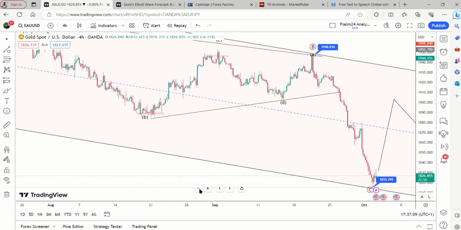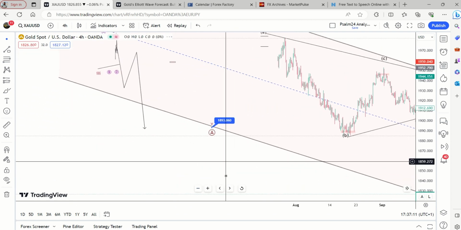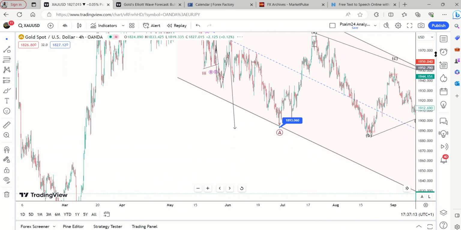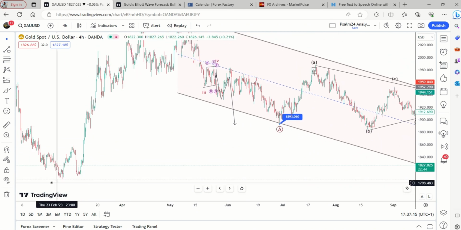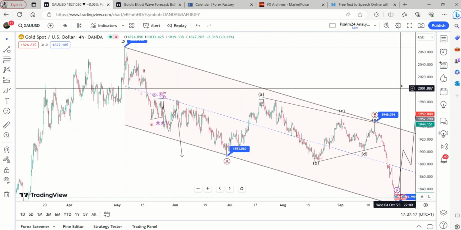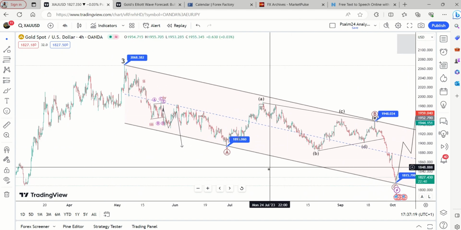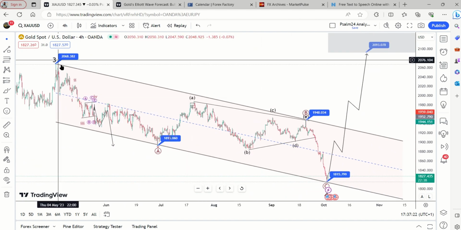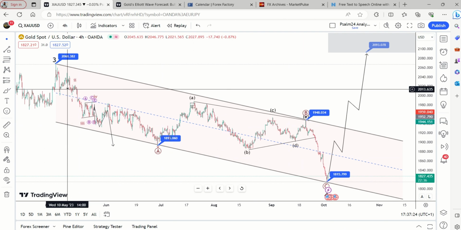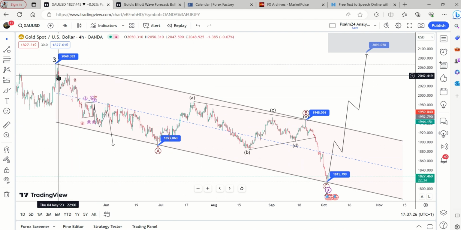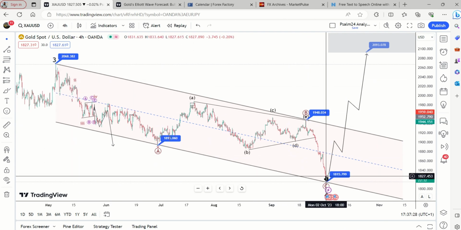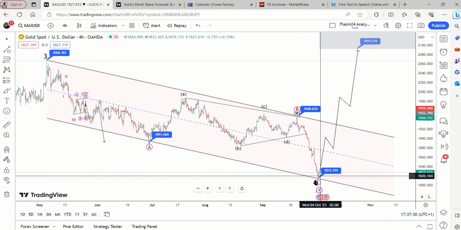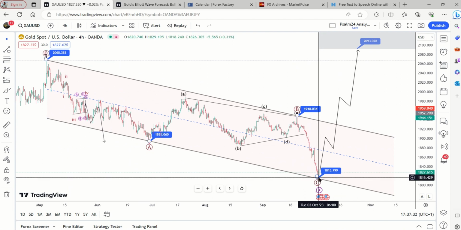So this is what we have on gold. This is the long impulsive move on wave 3. What we had on gold is that this correction started in May, and now I feel it has come to an end in October.